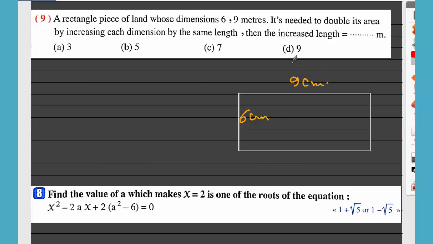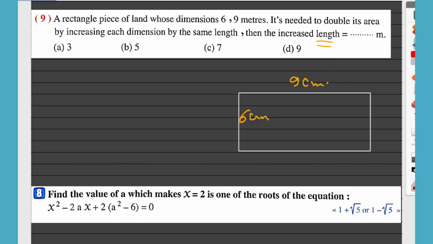It is needed to double its area by increasing each dimension by the same length. Then the increased length equals: 3 meters, 5 meters, 7 or 9.